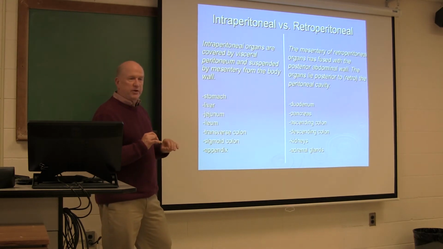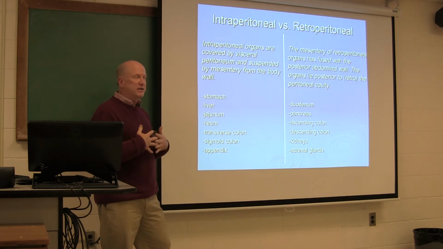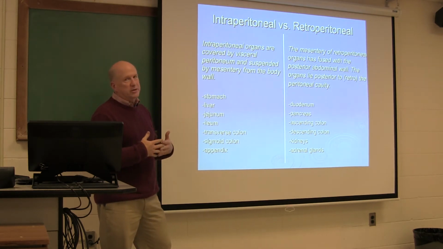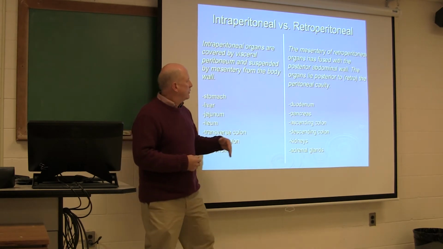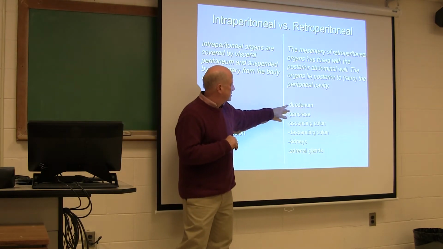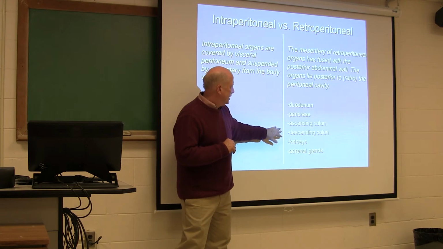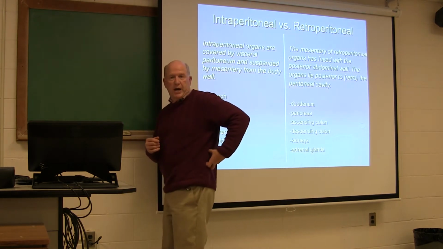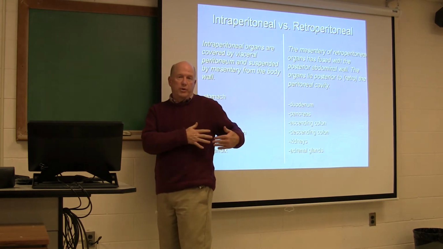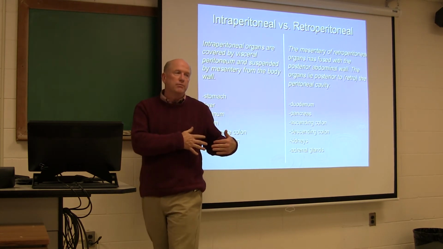But there are some parts that go behind the parietal peritoneum, that membrane that lines the cavity. So it can sneak behind. And we have things like this part of the small intestine, the duodenum, the pancreas, and some of the colon, the kidneys. Kidneys are positioned way in the back, and they're actually retroperitoneal, behind the peritoneum.